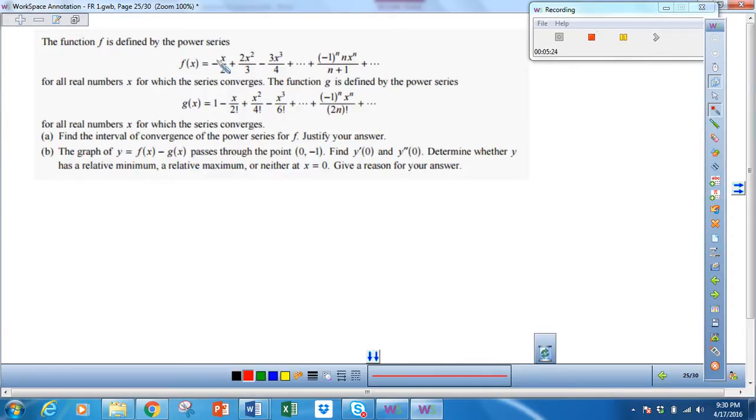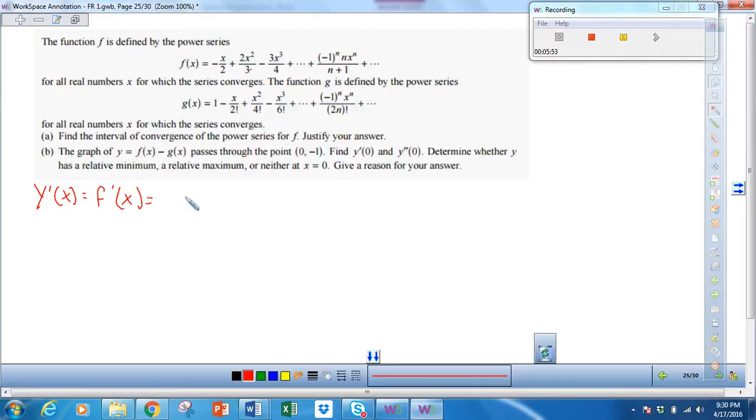The easiest way to find y prime is to find f prime of x, which, if we take the derivative, remember we can take it term by term.